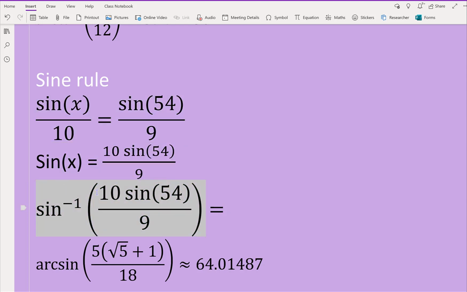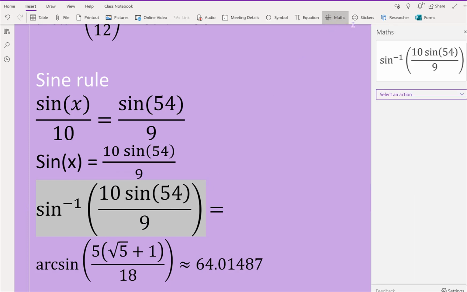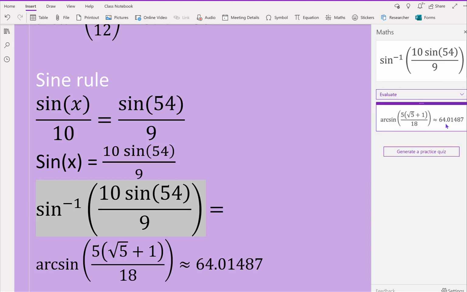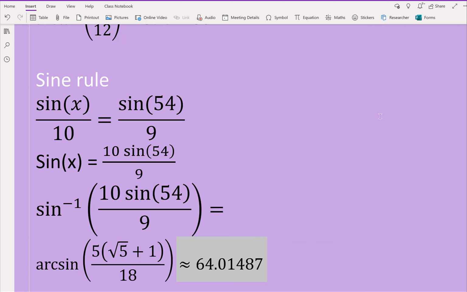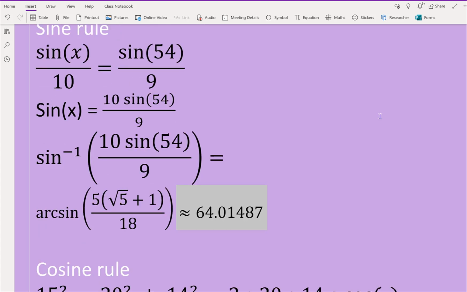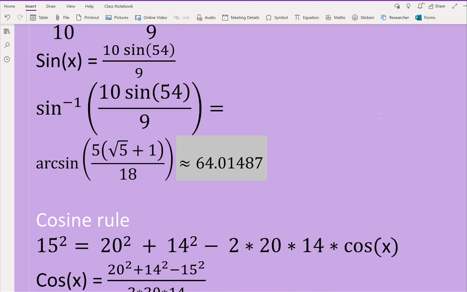So I have rearranged the whole expression and type this and then press maths and select an action, evaluate. So I will then have the final angle here. But at the end of the day, don't forget, I still need to know the maths. But I'm just using this as a tool to help me to get the answer. So I still have to go back and check all the steps, all the working.